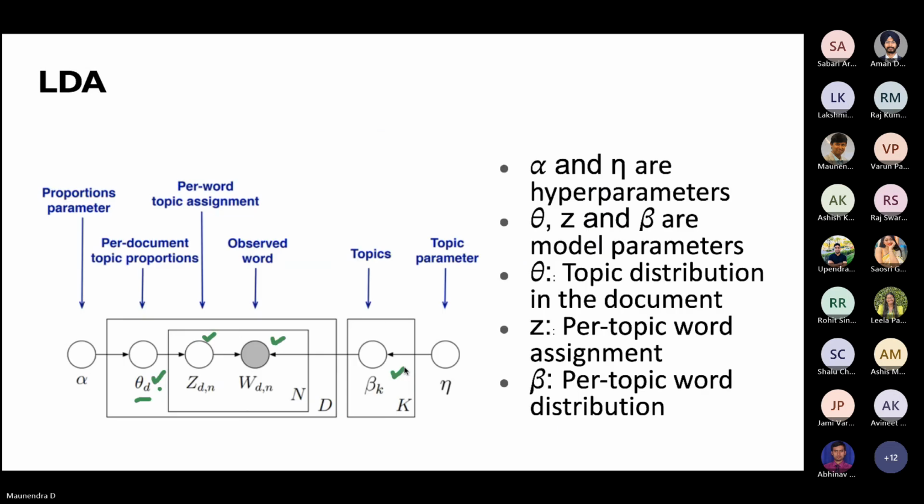So let me write down here. The number of topics in a document is not fixed, or we are also taking a distribution of that.